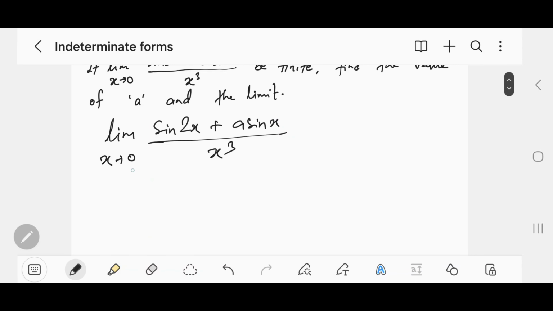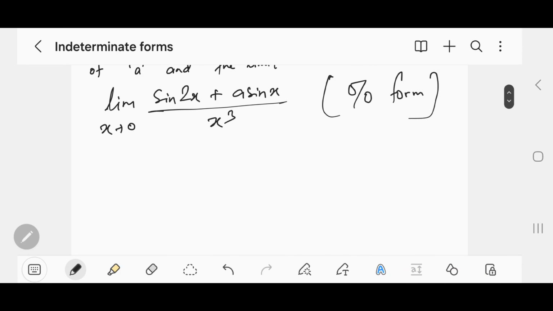So if we use x tends to 0 limit in these expressions, the numerator part will also be 0 and the denominator part will also be 0. So this is 0 by 0 indeterminate form, right? So instead of using the limit here, let's use the L'Hopital rule.